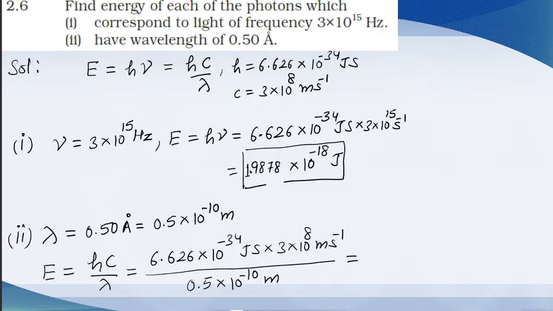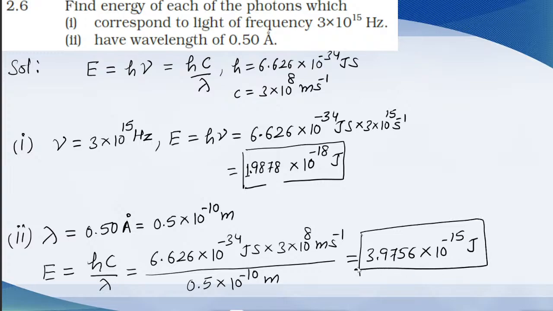The minus 34 plus 8 plus 10 comes out to be minus 16. So instead of 19.878 we write 1.9878, and the power becomes minus 15 joule.